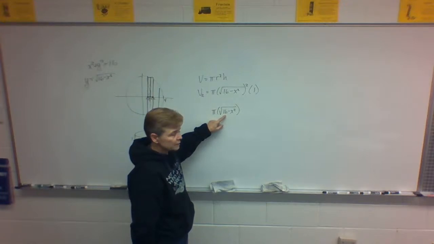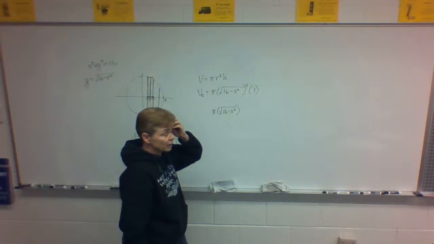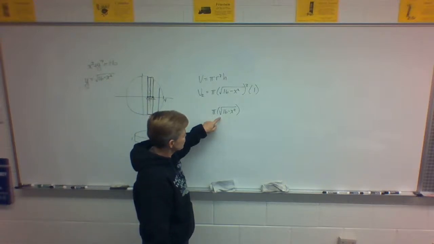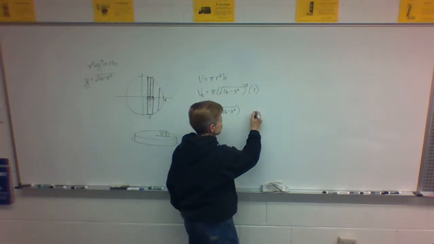This part right here is the area of the circles at the bottom of each cylinder, or the top, right? That is 2-dimensional. So is any function that you deal with in Riemann, 2-dimensional. This part right here is f of xi. This is delta x.